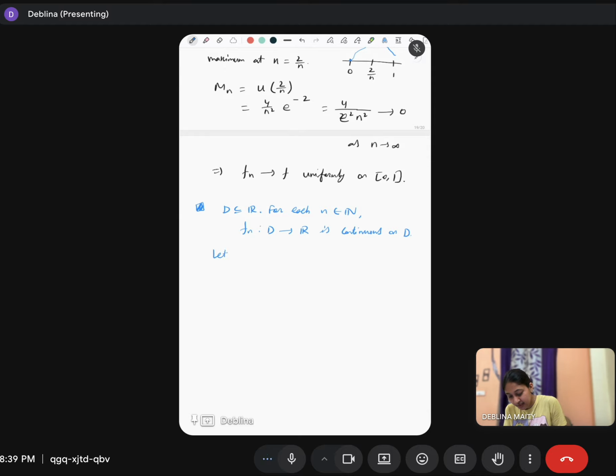And let F_n converge to F pointwise. Okay? Now, since each F_n is continuous, can we conclude that F is also continuous? The question is, is F continuous on D?